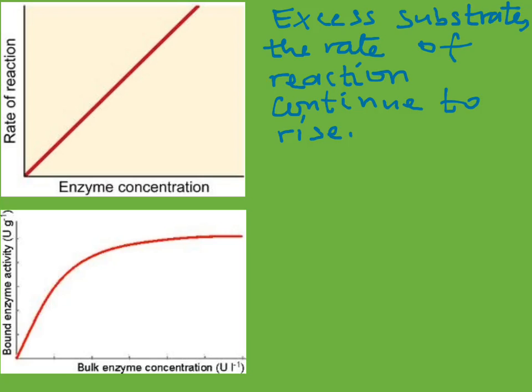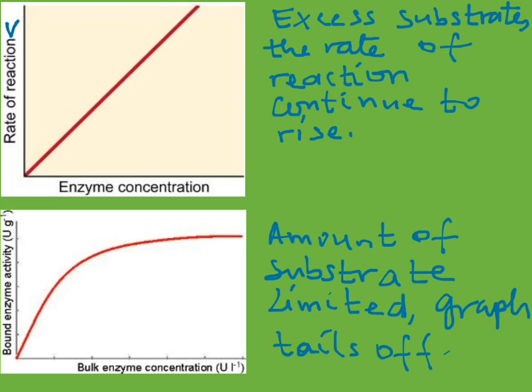The rate of the reaction continues to rise because we have excess substrate in graph 1, and more enzyme. So the reaction continues because there is excess substrate and free sites for the substrate to bind on the active site. That's why the reaction continues. It is good for us to understand that very well.